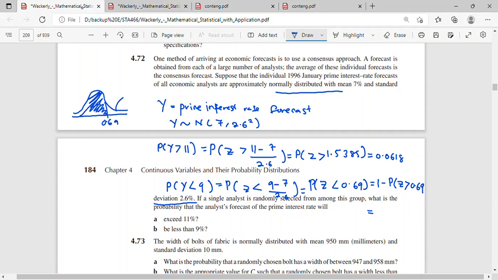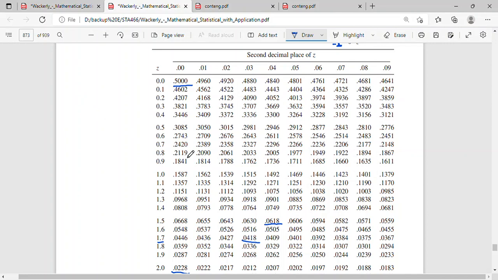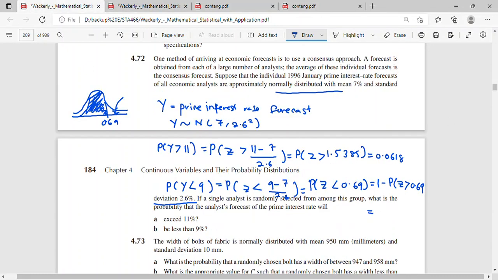Dalam table kita boleh dapatkan nilai here, so it will be 1 minus this part, so akan dapatlah the rest of this, right? 0.69 will be here, right? 1 minus 0.25. So it is 0.7549. Alright.